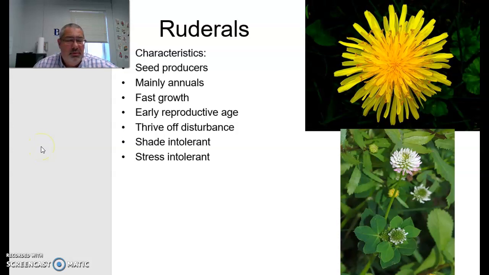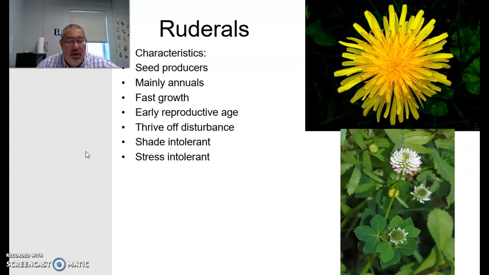So ruderals tend to prefer conditions of high light, and they tend to not do well with drought, lack of water. They tend to prefer mineral-rich, nutrient-rich soil as well.